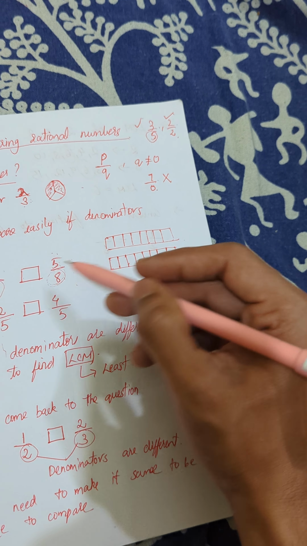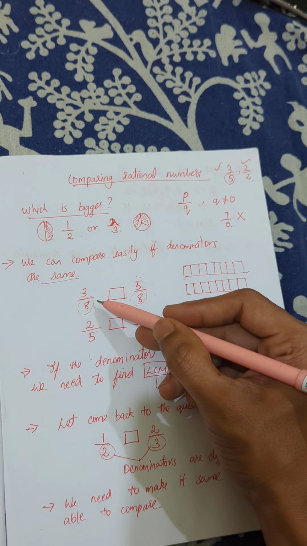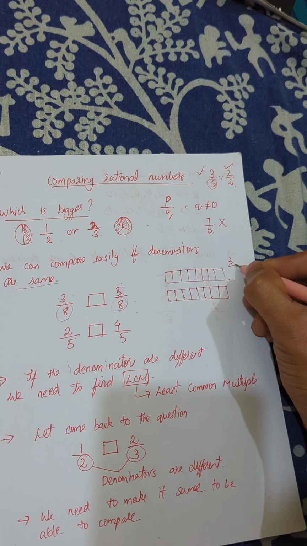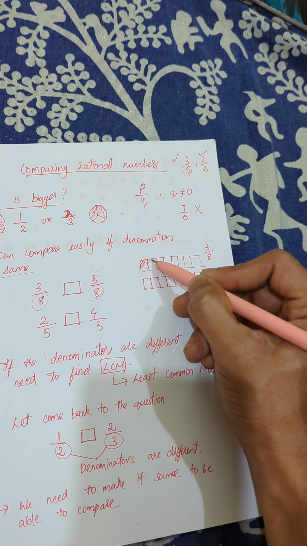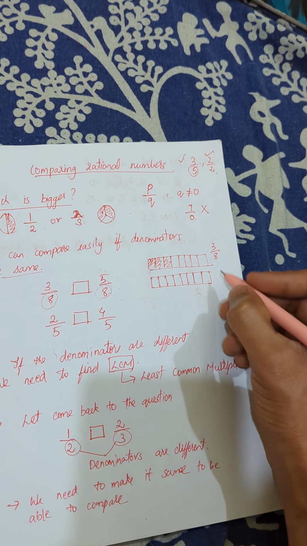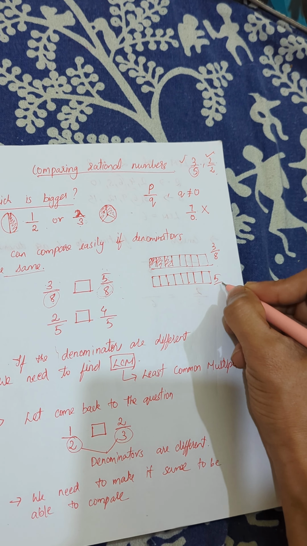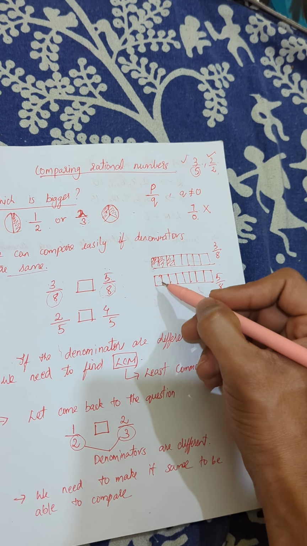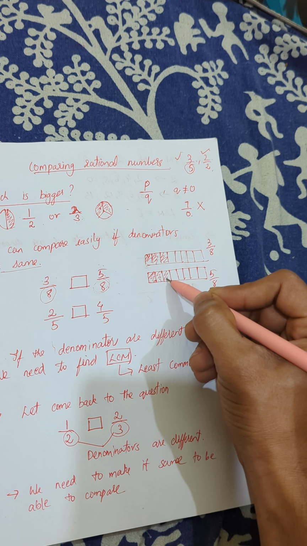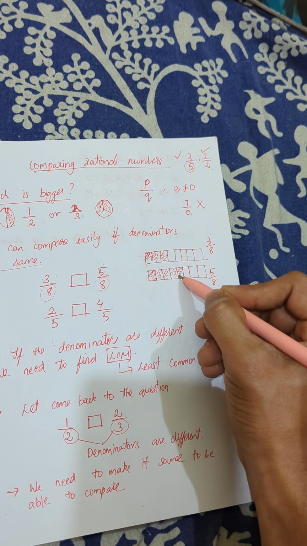Out of 8 boxes, the first one is 3 by 8. So I'm writing 3 by 8 here, and shading. How many should I shade here? 3, right? 3 out of 8. And this fraction is 5 by 8. So how many boxes should I shade here? 5 boxes, right? 1 2 3 4 5.